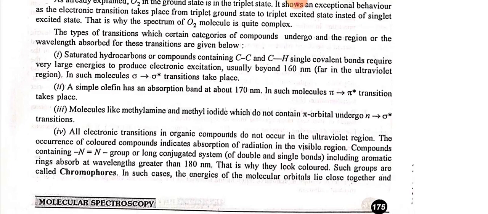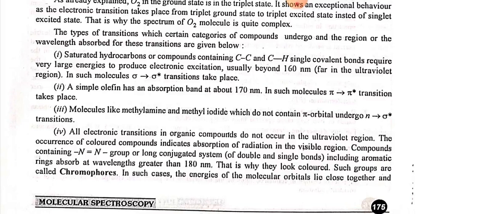Point four. Not all electronic transitions in organic compounds occur in the ultraviolet region. The occurrence of a colored compound indicates the absorption of radiation in the visible region. Compounds containing an N=N group or a long conjugated system of double and single bonds, including aromatic rings, absorb at a wavelength greater than 180 nanometer.